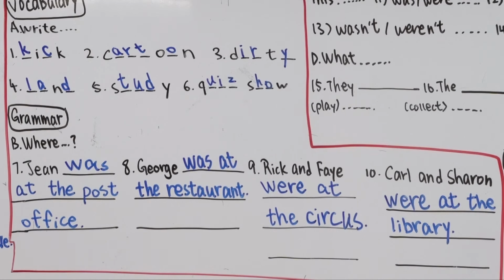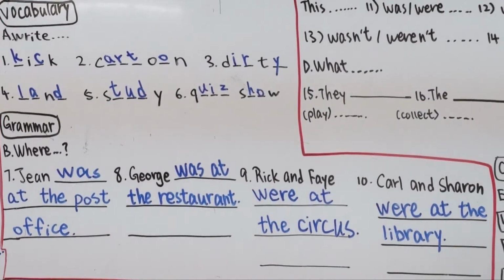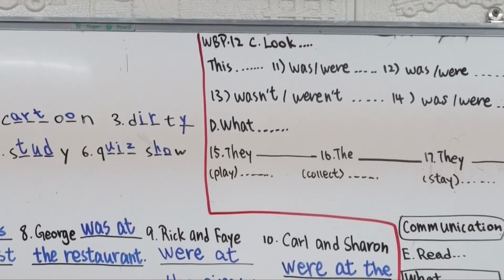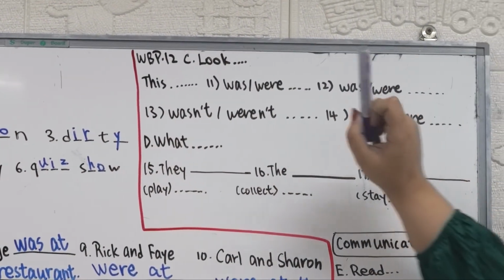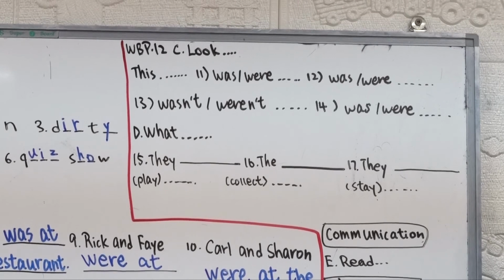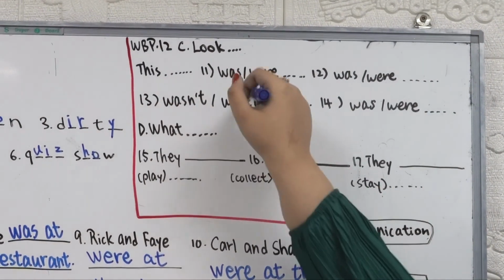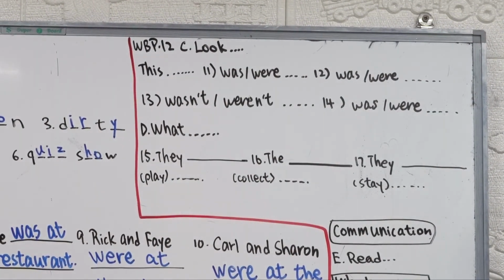Good. Now let's have a look at page 12. This part hasn't ended yet. It's still examining your grammar skills. Look, read, and underline. Basically, you will see a picture over here, right? Let's say it's a picture of a place in the past.